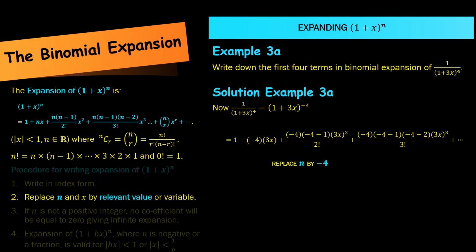So begin by replacing n by minus 4, since n equals minus 4. So we replace it here, here, and here. And we replace x by 3x, since we're required to expand 1 plus 3x to the minus 4. So we replace it here, here, and here, as shown.